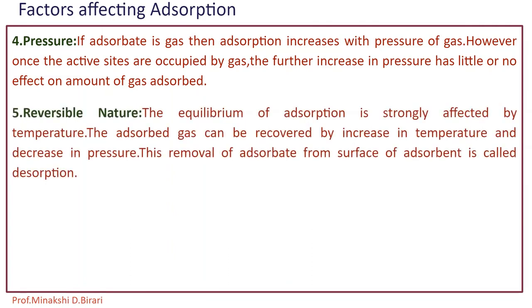It is also one of the important factors related to adsorption. The equilibrium of adsorption is strongly affected by temperature. The adsorbed gas can be recovered by increase in temperature and decrease in pressure. This removal of adsorbate from the surface of the adsorbent is called desorption.